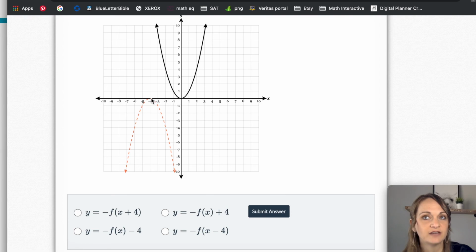So it went to the negative 4, but you use the opposite, so it should be a plus 4. So it's either going to be the first one or the second one. It is going to be the first one in this case because you moved left and right, which stays inside the parentheses. This one would have been the fact that we moved up or down 4. So because we went to the left 4, it should be a positive 4.